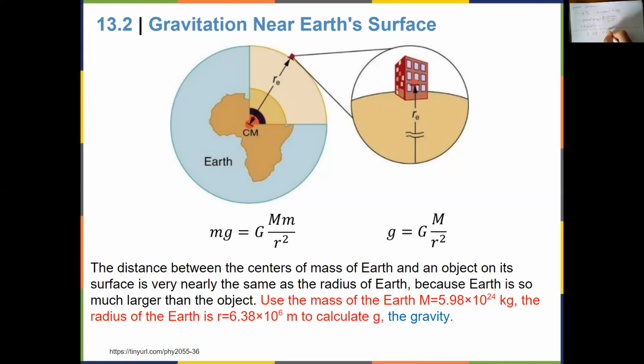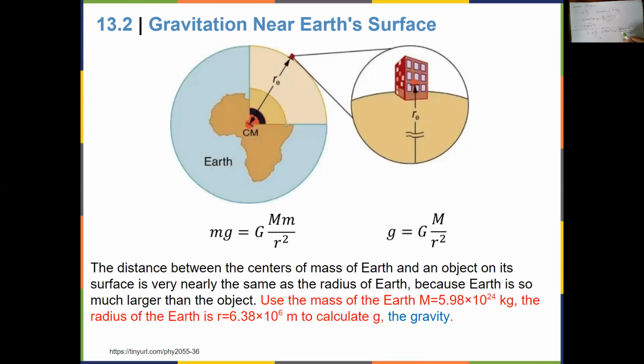You'll be plugging in 6.674 times 10 to the negative 11, that's newton meter squared over kilogram squared, times 5.98 times 10 to the 24 kilograms, divided by 6.38 times 10 to the 6 meters squared.